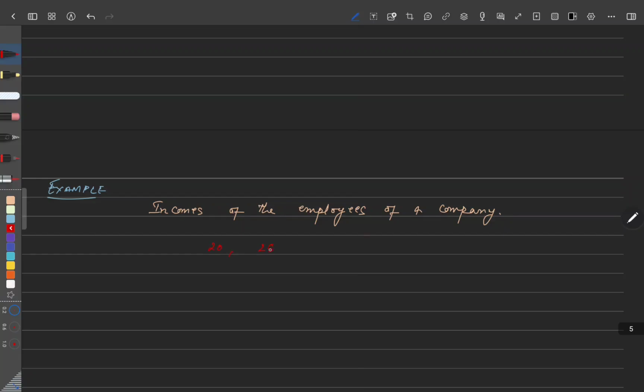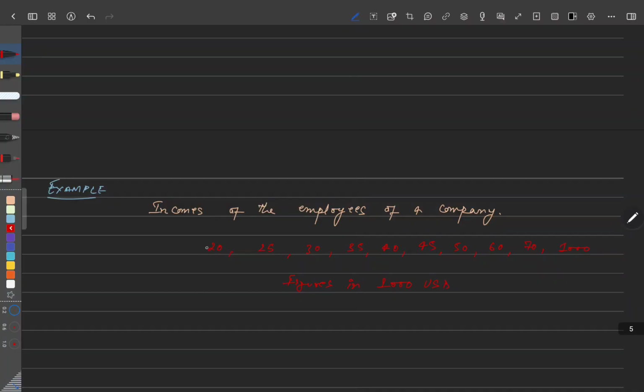$20, $25, $30, $35, $40, $45, $50, $60, $70 and $1,000. Now all these numbers are in figures in $1,000.